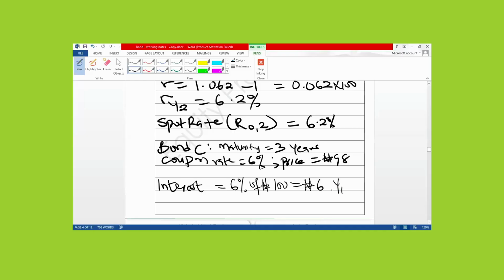Can you see it now? With bond C, 6% of 100 naira.